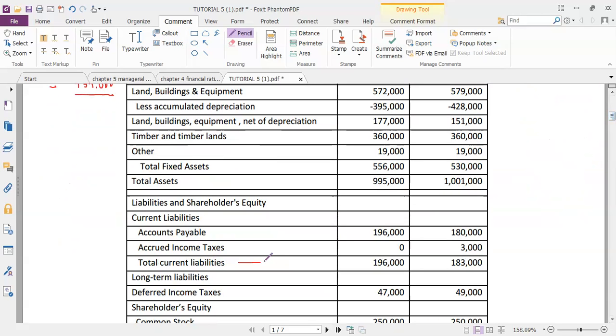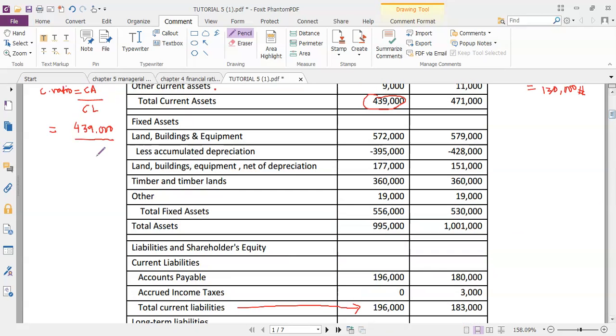Total current liabilities, 196. So we just divide by 196. Please calculate for me how much is our current ratio. So how much is 439 divided by 196? 2.24. Okay, very good.